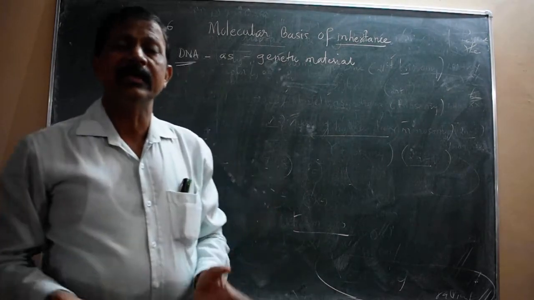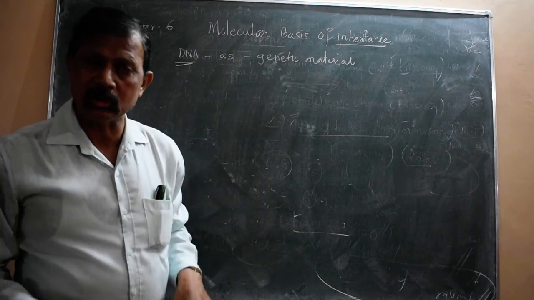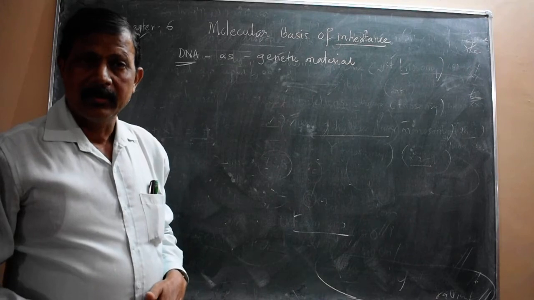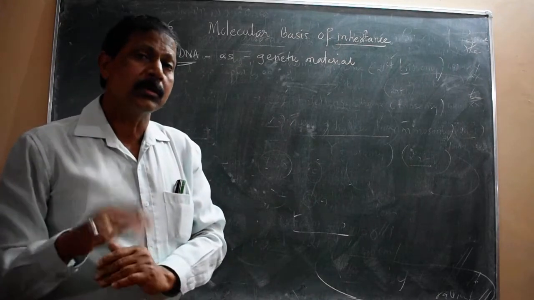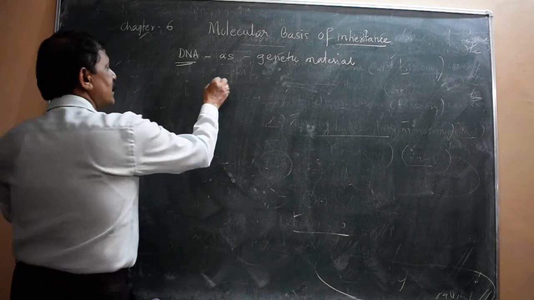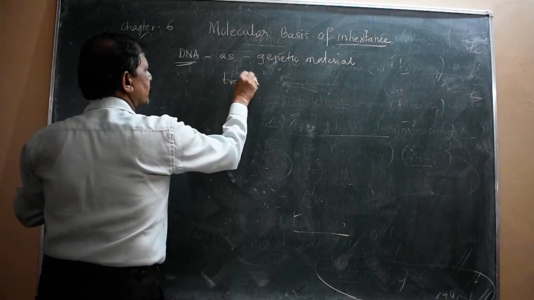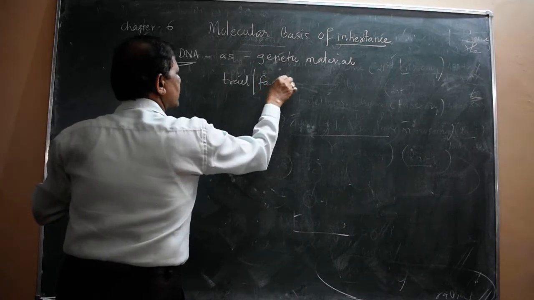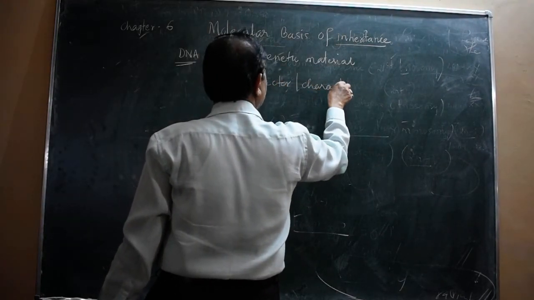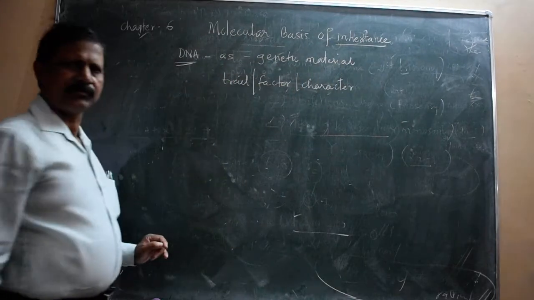Our knowledge says that the inheritance character passes from one generation to another generation, and when Mendel explained it, it was not properly understood, because at that time it was the beginning. But Mendel knew that something is passed from one generation to another, and he called it a trait, or a factor, or in the general sense a character.